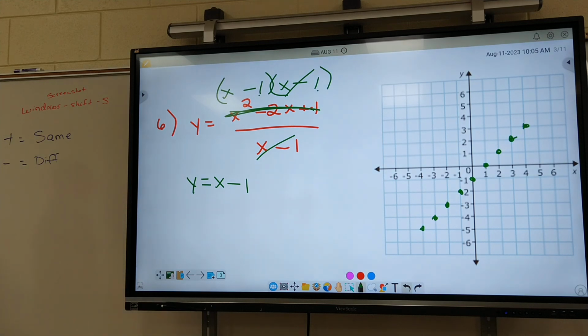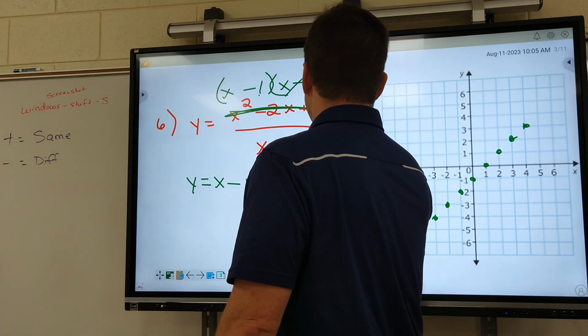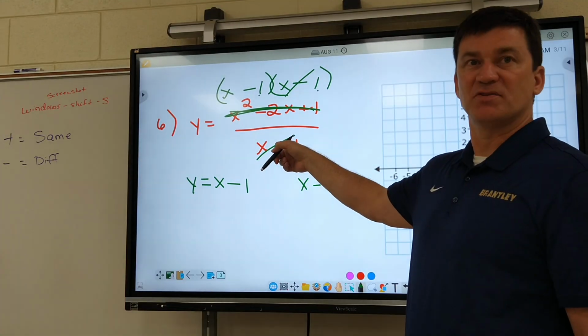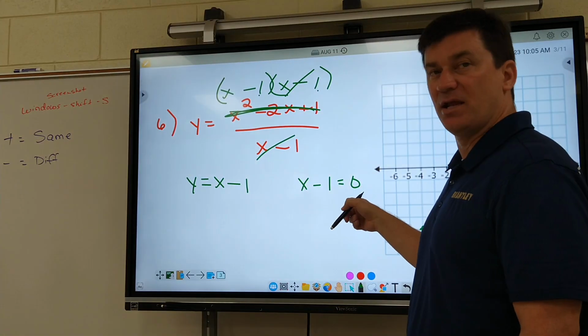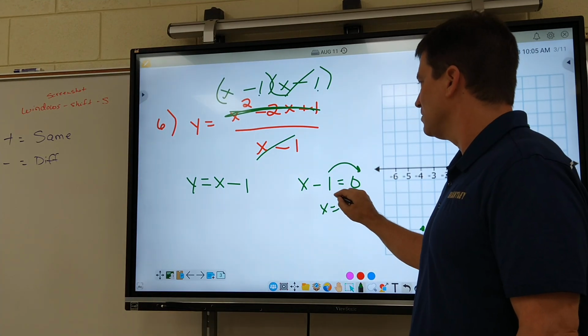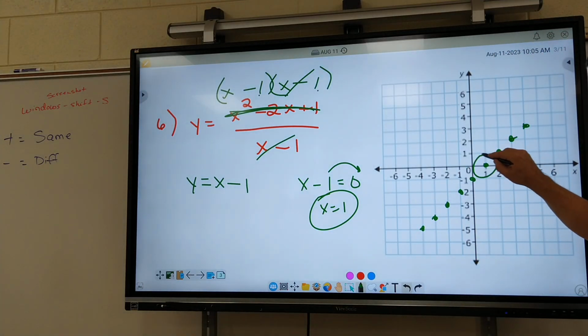Where's the hole, Luke? Good. I'll say it again. The hole comes from the one you marked out. Since we marked out x minus 1, bring it right here and you set it equal to 0. And when you move it over, doesn't that turn into positive 1? Yep. So go to positive 1 on the x-axis. There's your hole.